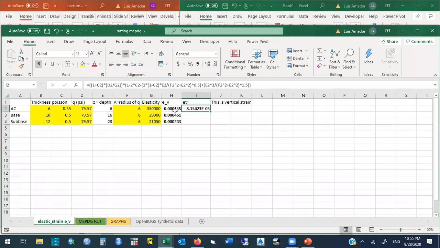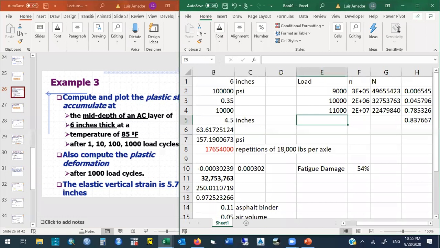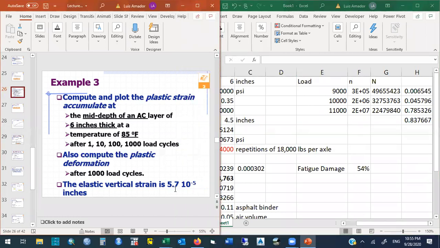So this is 1 to the power of minus 4, this will be 4 to the power of minus 4, this will be 2 to the power of minus 4, and we're using a 5 to the power of minus 5. So it's somewhat a small value. It's not that big, okay? It's like 10% of what you typically will get.